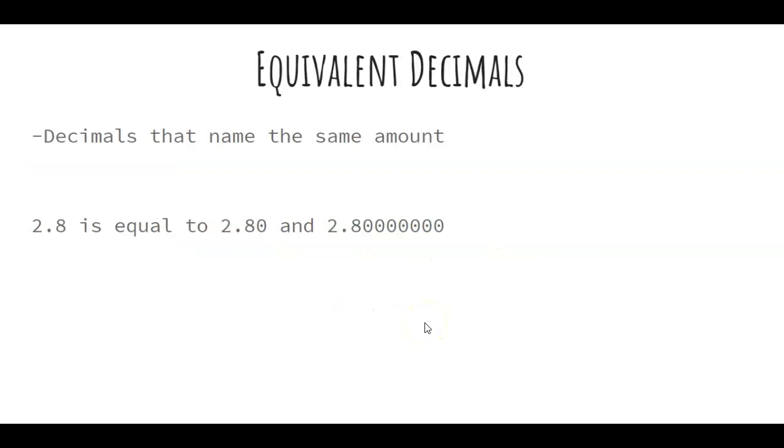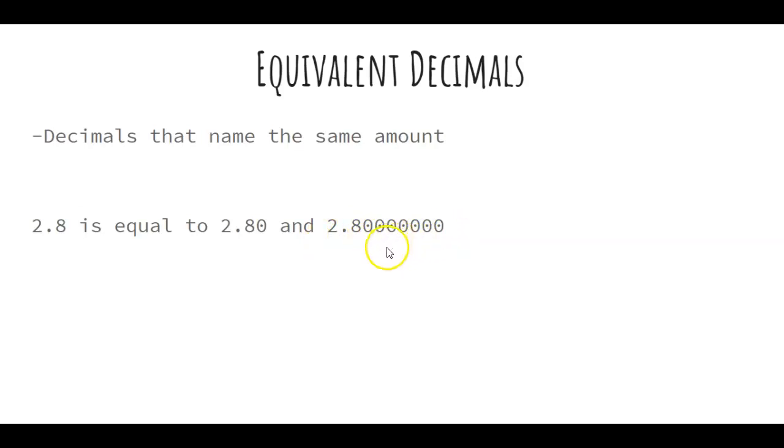Then we also have what's called equivalent decimals. Equi, we talked about this word last week. Equi is equal. So equivalent decimals are decimals that name the same amount. 2 and 8/10 is equal to 2 and 80/100 and equal to 2.80.